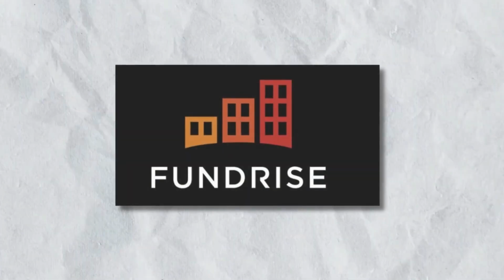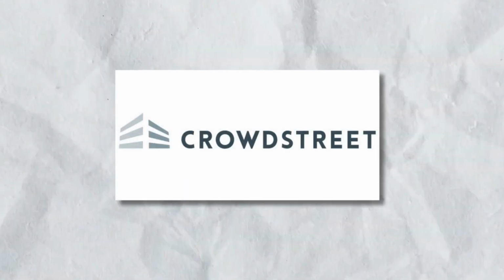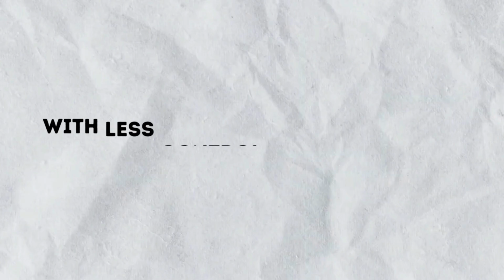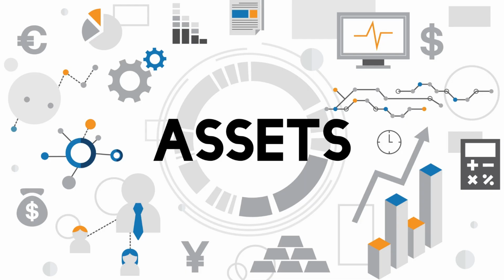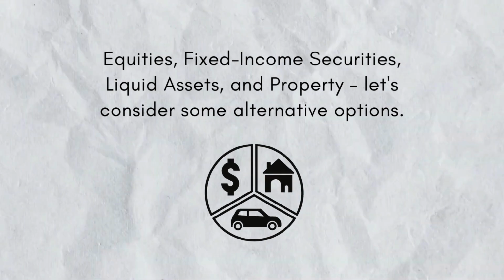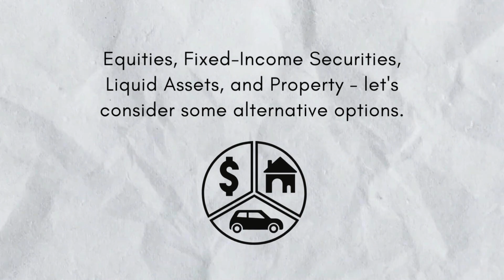Property crowdfunding platforms like Fundrise, Realty Mogul, and CrowdStreet offer participation in private deals with less control and potentially higher fees. Having covered the main asset classes, equities, fixed income securities, liquid assets, and property, let's consider some alternative options.